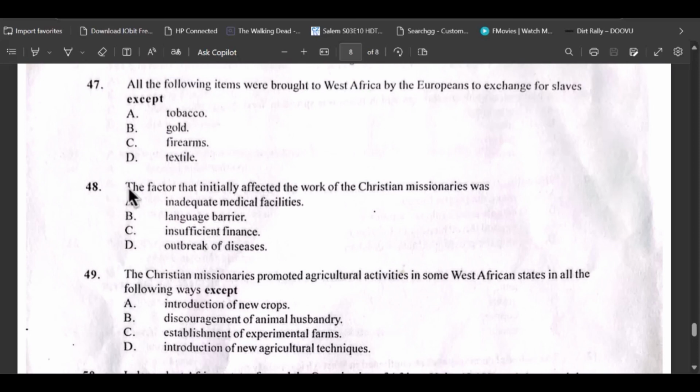48, the factor that initially affected the work of the Christian missionaries was. 49, the Christian missionaries promoted agricultural activities in some West African states in all the following ways, except.